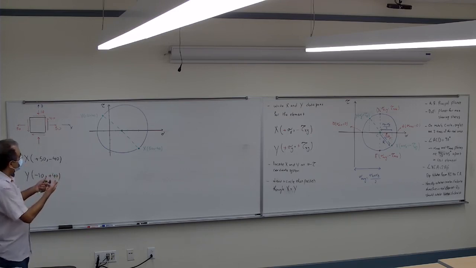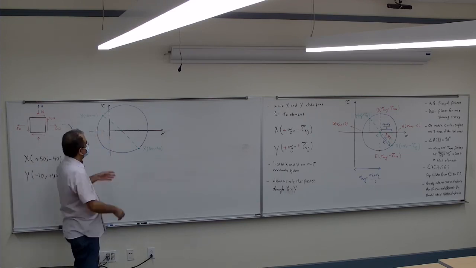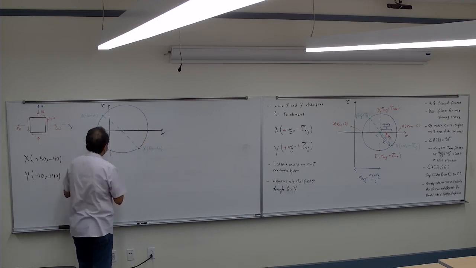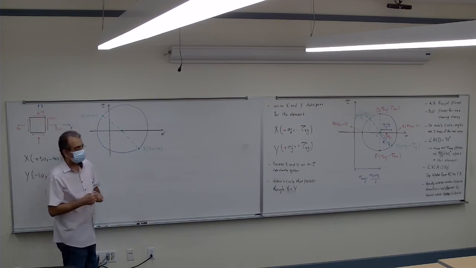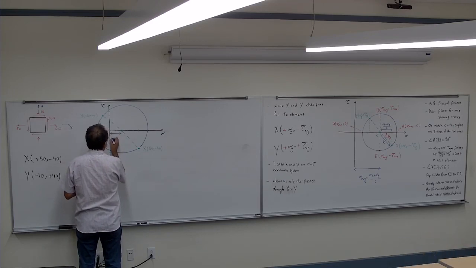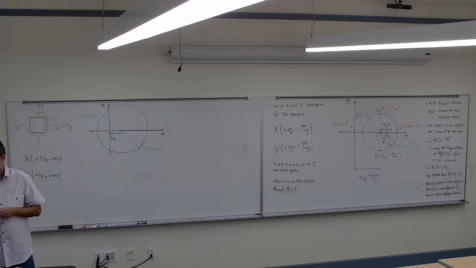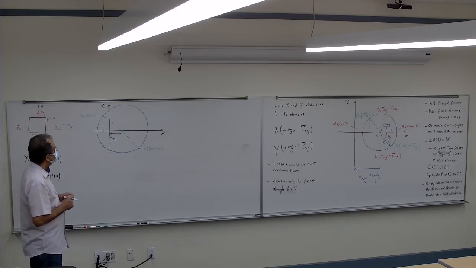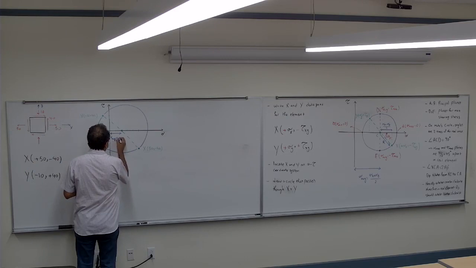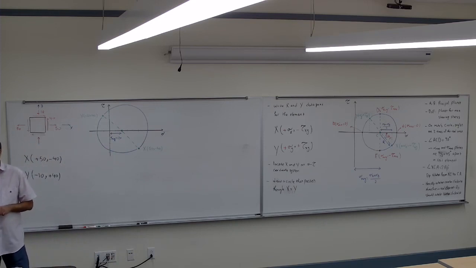So I want to know the sigma max and sigma min. The sigma max is the sigma average plus R. So I have to find the sigma average. How much is this distance? It's 20, correct? So the sigma average is 20. How much is the R?